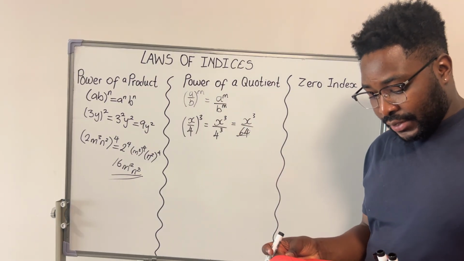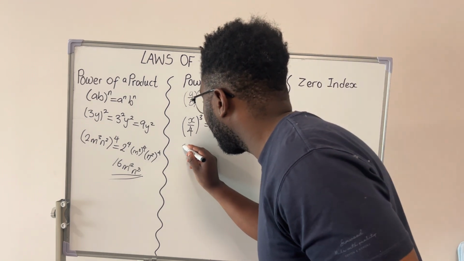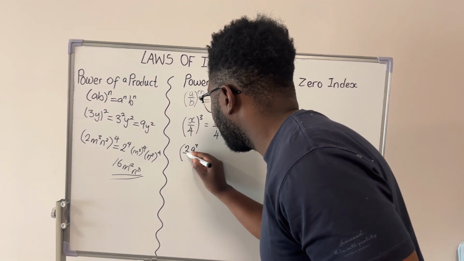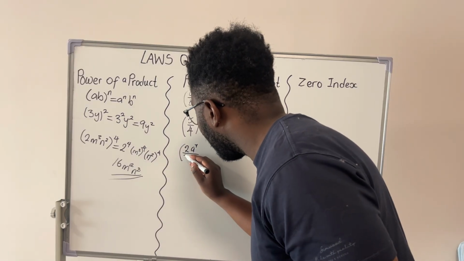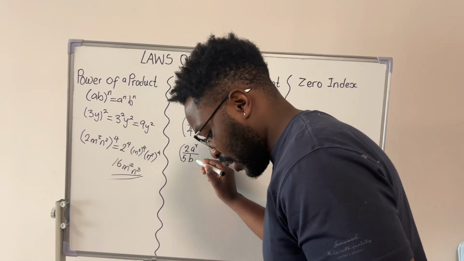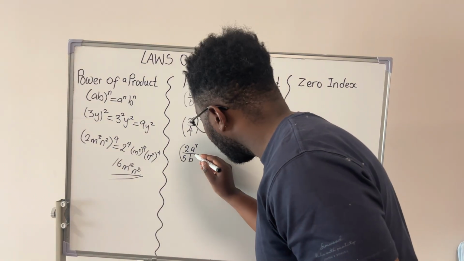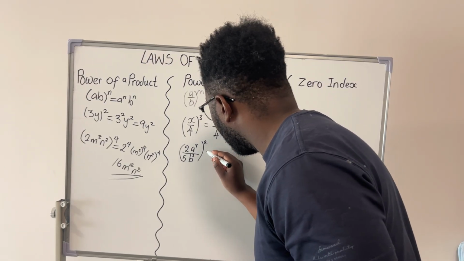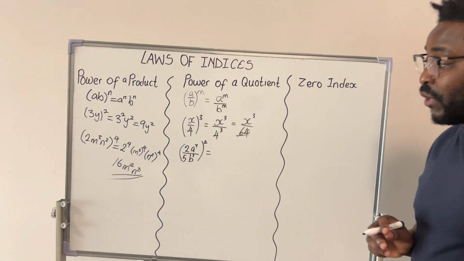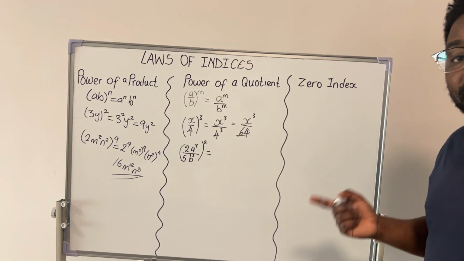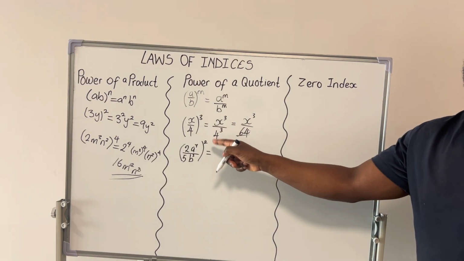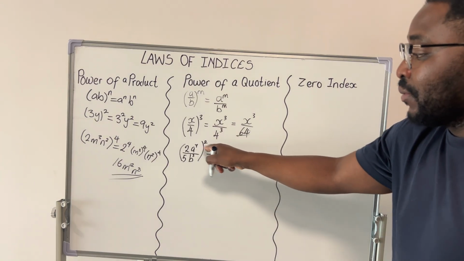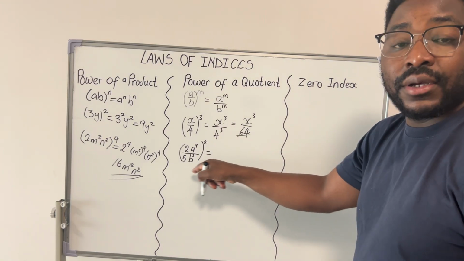Let's look at another example. Let's say we have 2a to the power 7 over 5b to the power 3, all raised to the power 2. We just have to distribute the index to the factors in the numerator and the factors in the denominator.